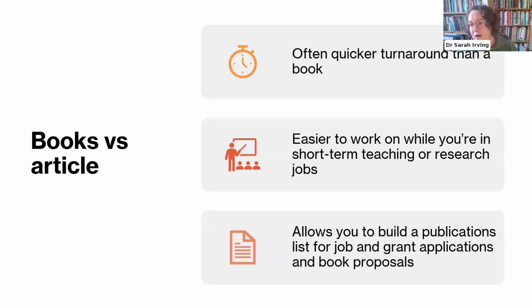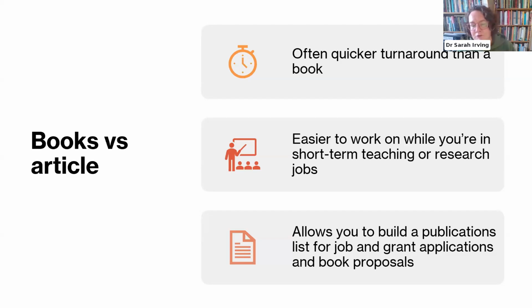If you've got good supervisors, then hopefully they will have that in their heads from the beginning of the process, and you can shape a PhD in a way that will make transforming it into a book reasonably easy, or at least less complicated than it needs to be. But whatever happens, whatever format you choose, you are going to have to rewrite sections of a PhD thesis by definition in order to make them publishable.